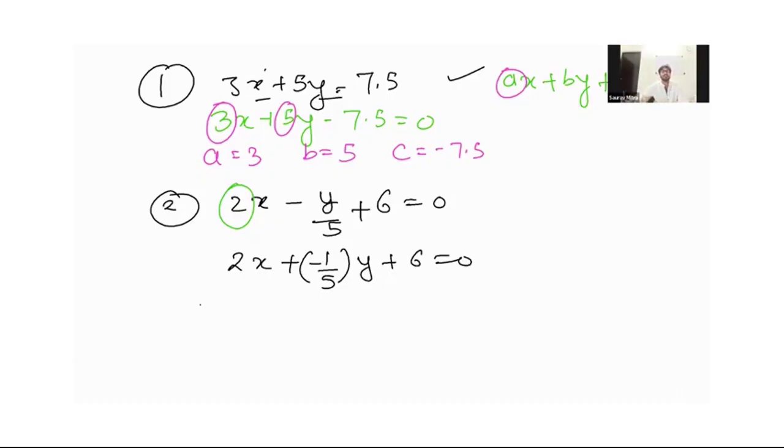So the coefficient of x, a, is 2, the coefficient of y, b, is minus 1 by 5, and the constant c is 6. So on comparing, we got our values a, b, and c like this.